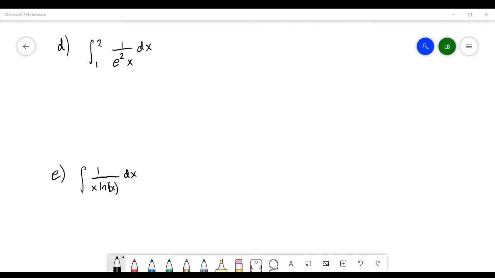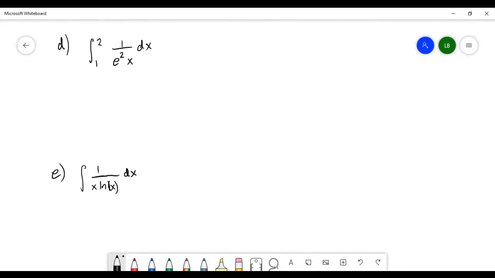E. Okay. Yeah, this is actually a lot scarier than it actually is. I mean, sorry, it looks a lot worse than it actually is. But the thing to remember here is that this E is not actually a variable. Really, it just represents a number. E is a number just like pi is a number.